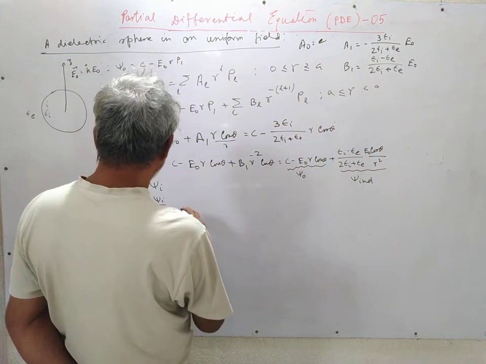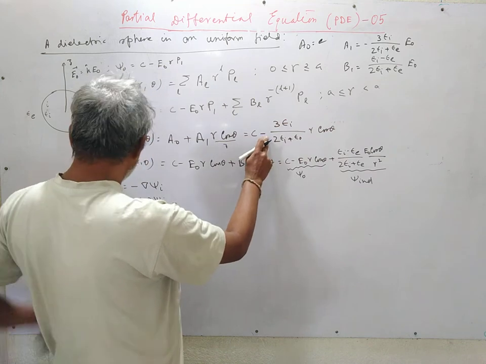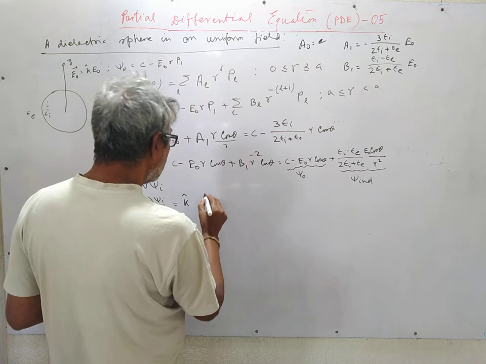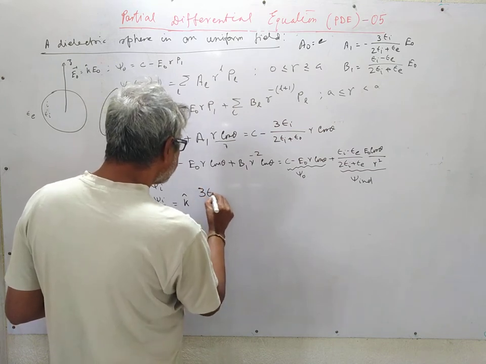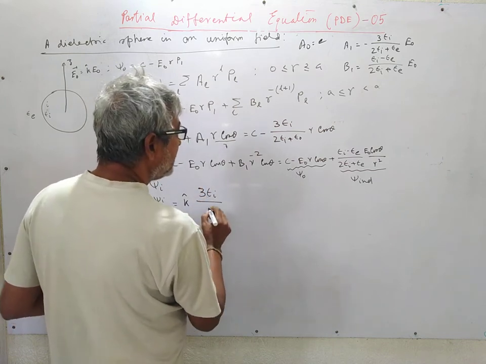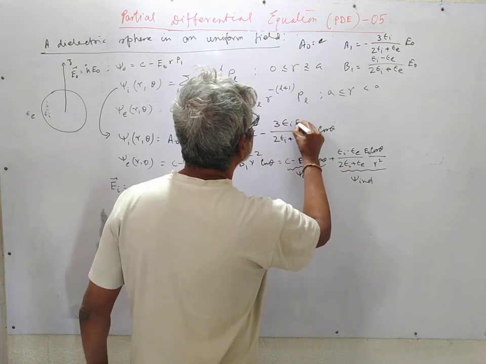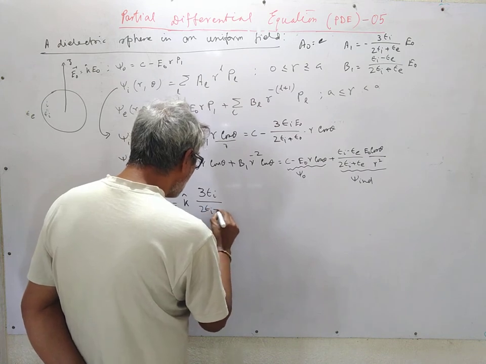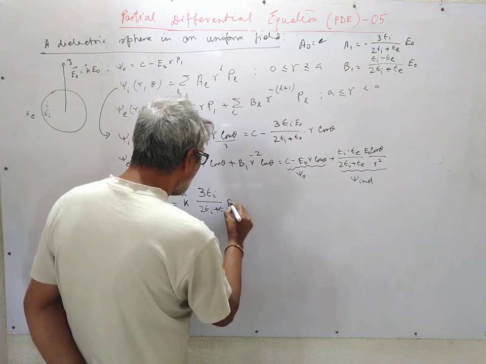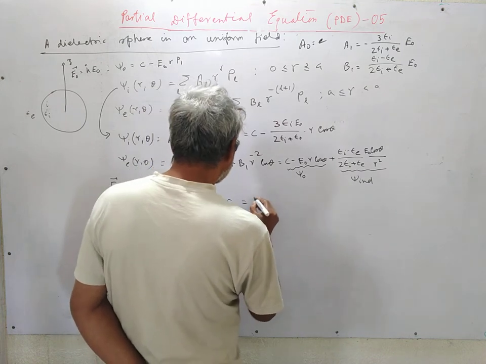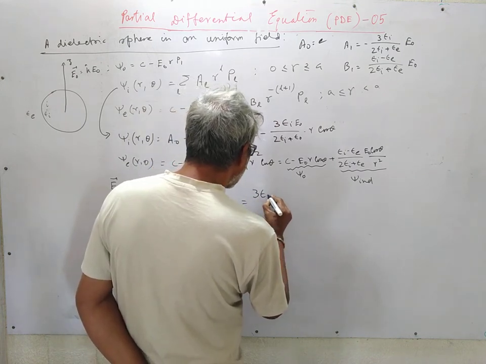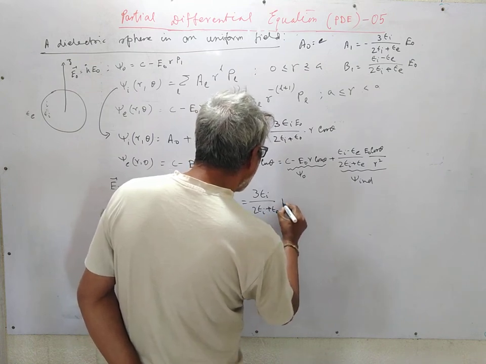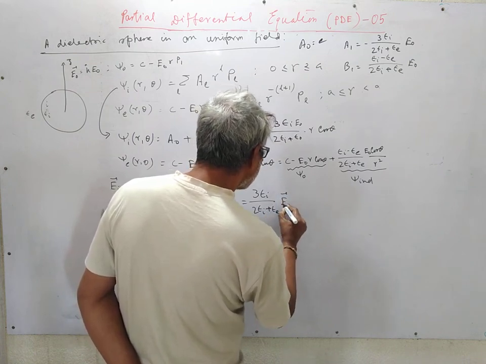So if we differentiate this, the minus and minus cancel out. This is k cap 3 epsilon E. Oh, I have missed the E0 part over there. That is to say, this is 3 epsilon I over 2 epsilon I plus epsilon E times E0.